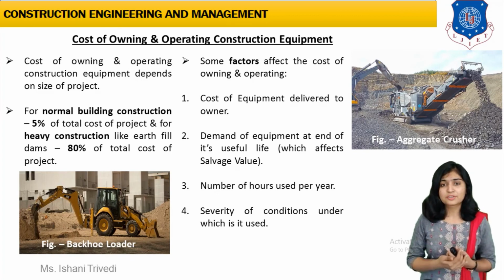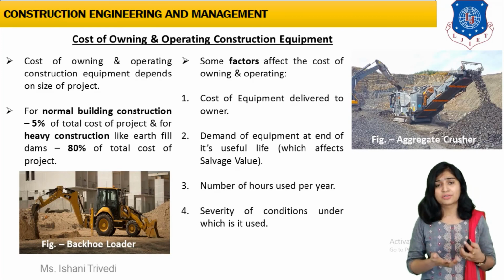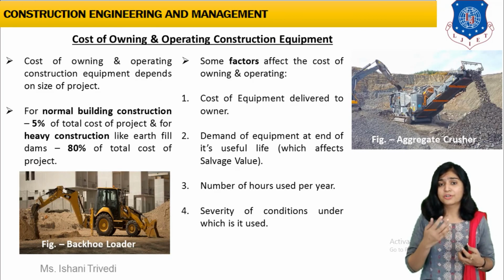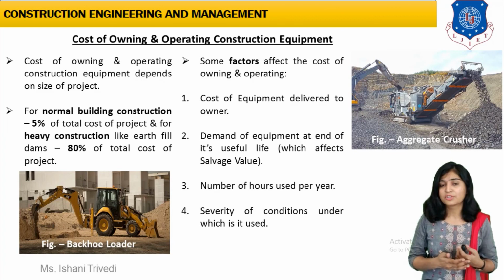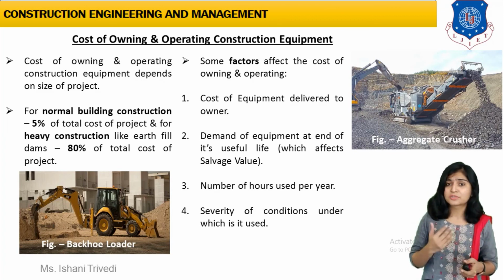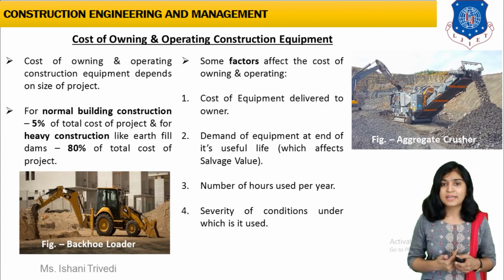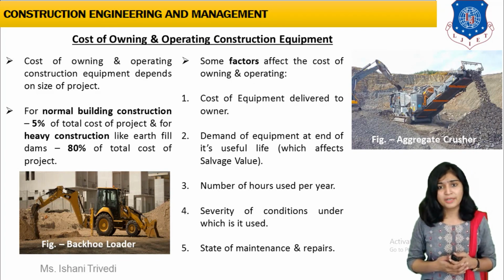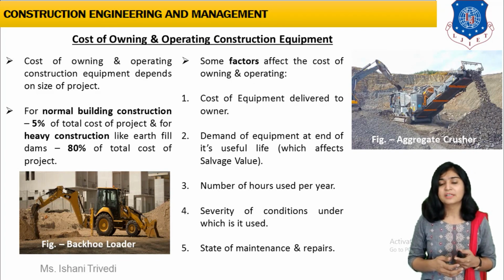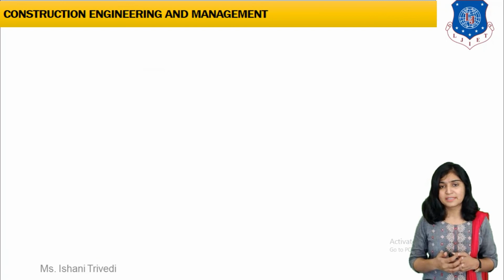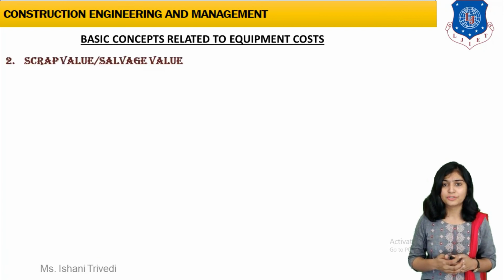So number of hours to be used per year, generally it is calculated based on the working hours per month or per year, and severity of the condition. See, if you are working under water, or if you are dealing with underground water, you are pumping subsoil water. So severity of the conditions decide what type of equipment you are going to take, and its finance, and the state of maintenance and repairs, which I already told you.